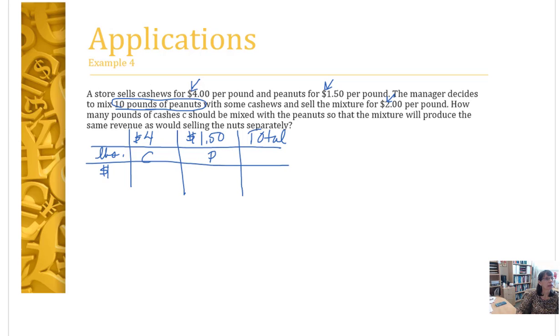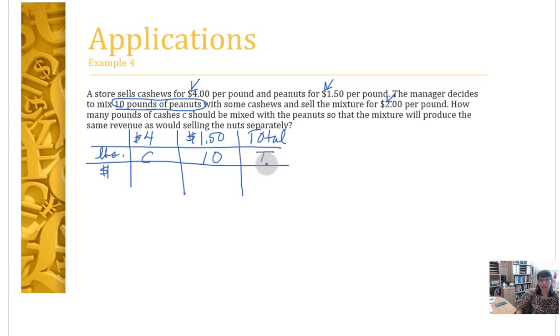So instead of P, I'm going to use 10, because we actually know 10 pounds will be used. What we don't know is the total number of pounds. So that's where I need to use a variable for this particular application problem.